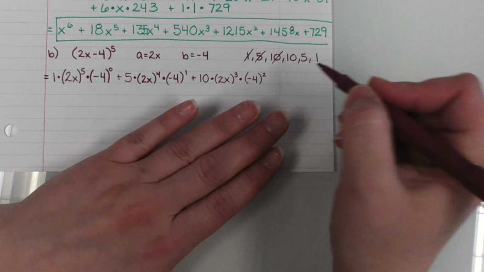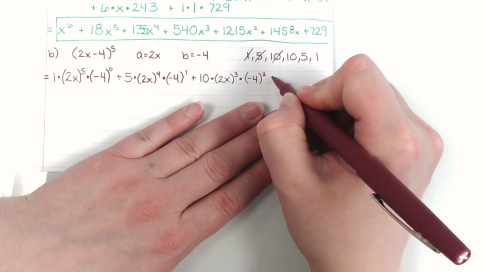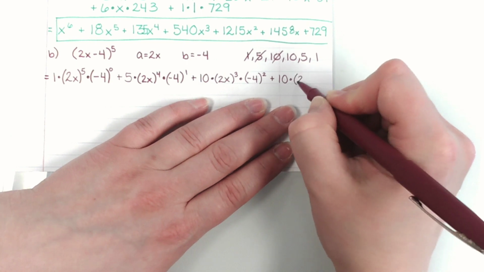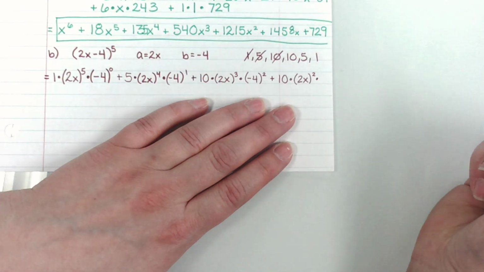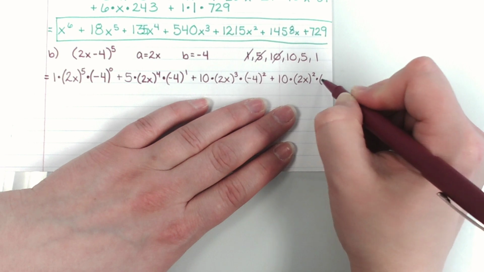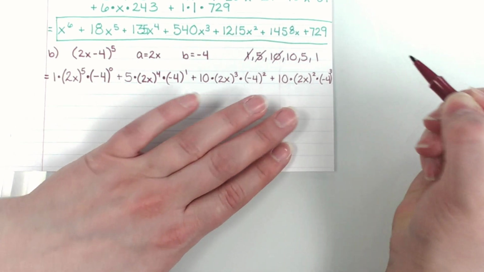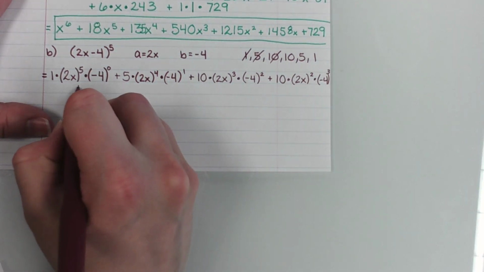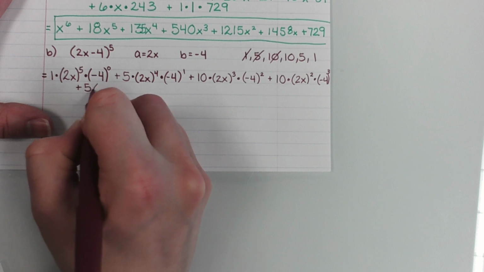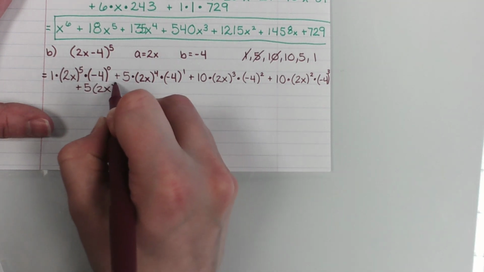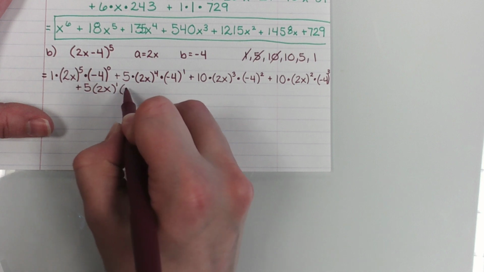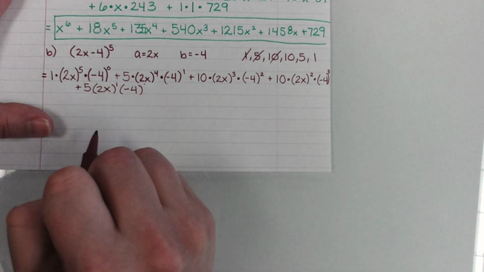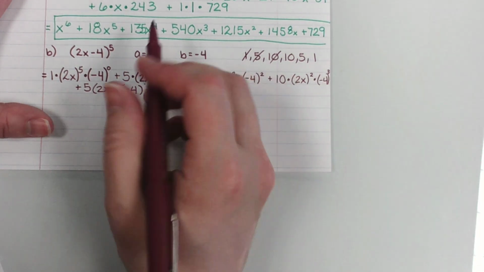Jaden, what's the next piece going to look like? Plus 10 times 2x in parentheses to the second power times negative 4 in parentheses to the third power. Beautiful. Brooke, what's the next term looking like? Plus 5 parentheses 2x parentheses to the first, times parentheses negative 4 parentheses to the fourth.